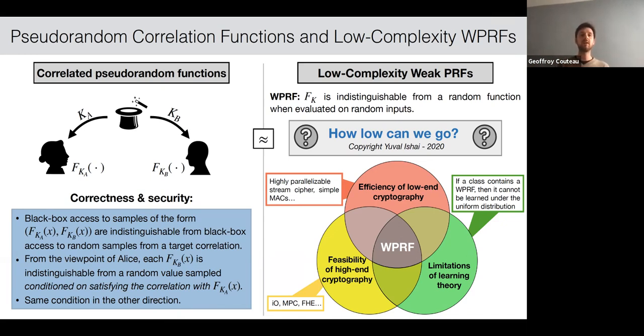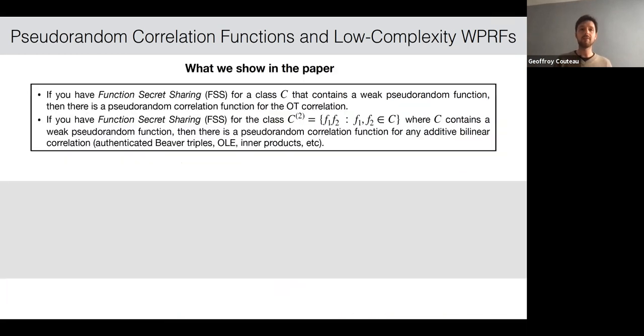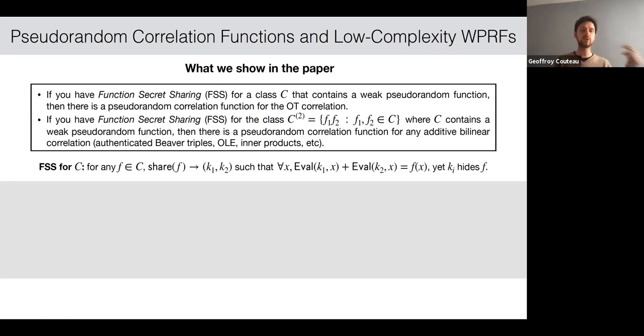So before I explain what kind of complexity class we care about, let me tell you a bit more about the relation between pseudorandom correlation functions and low complexity weak pseudorandom functions. What we show is the following. If you have a cryptographic primitive known as function secret sharing for some complexity class, so what is function secret sharing?